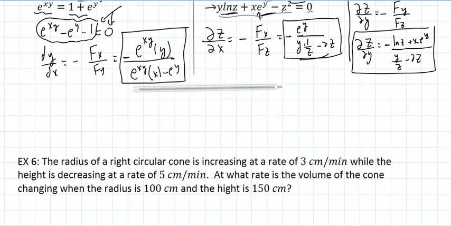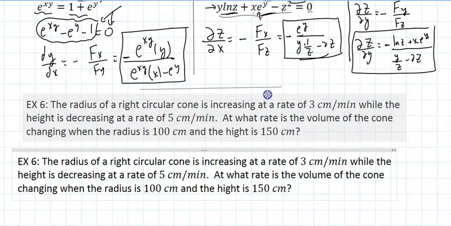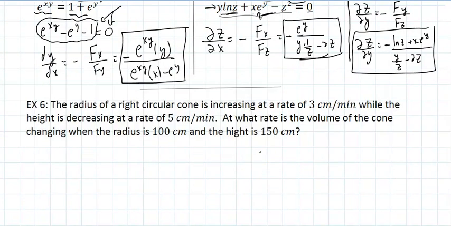And one quick use of this: here we are. We have the radius of a right circular cone. So we have one of these cones. There's the radius, there's the height.